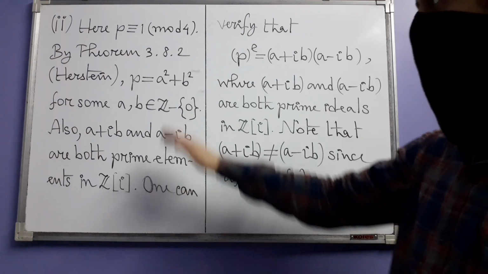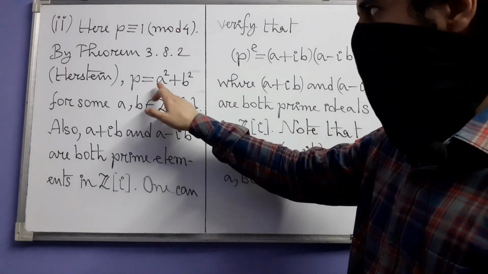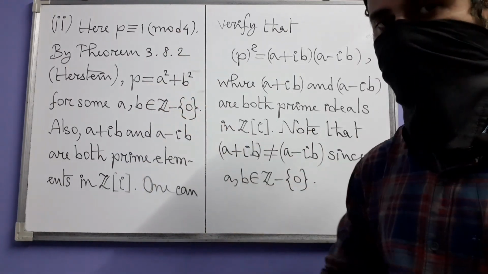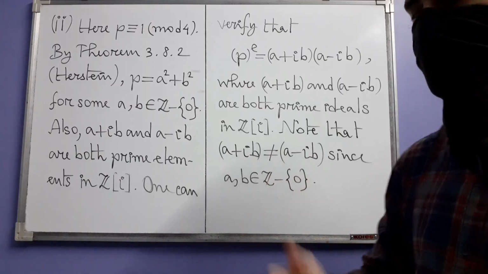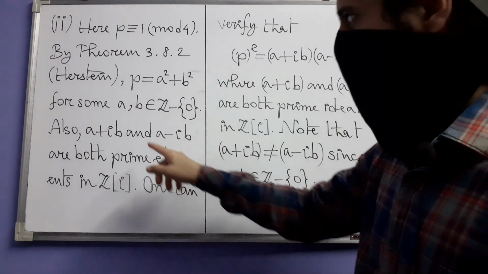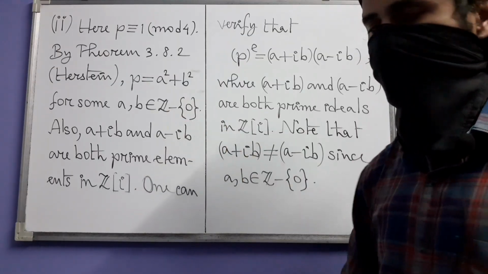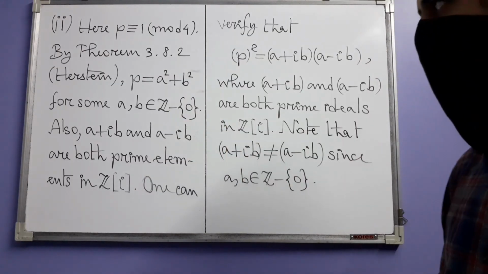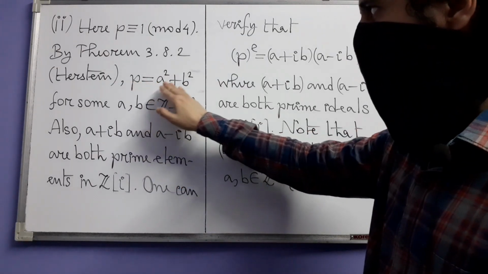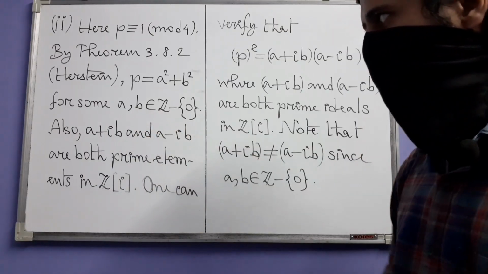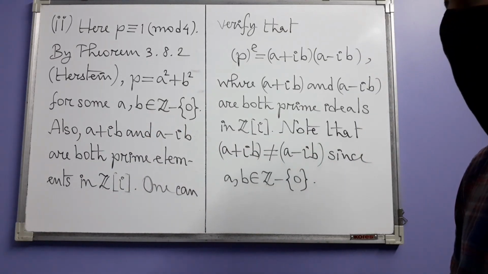By that result, such primes are always expressible as a sum of two squares of integers, and it's pretty easy to see why both of those integers have to be non-zero. So that's how our p is equal to a squared plus b squared for some non-zero integers a and b.